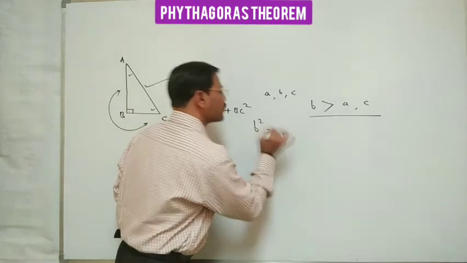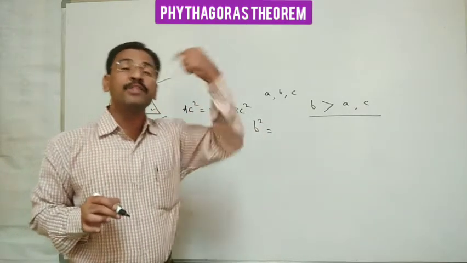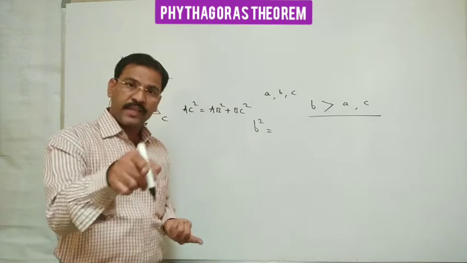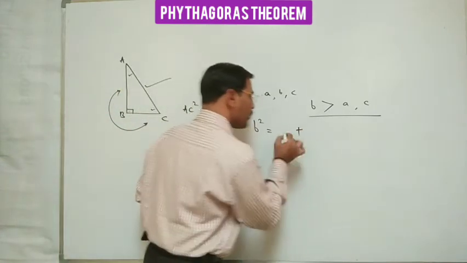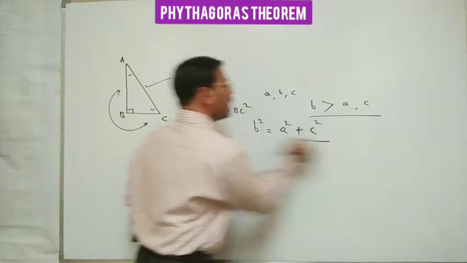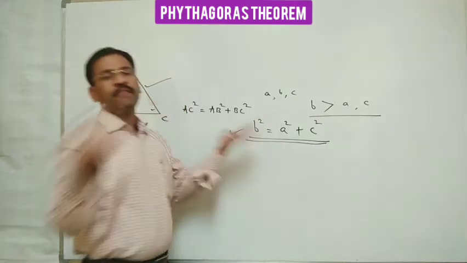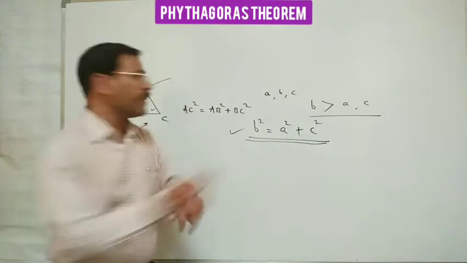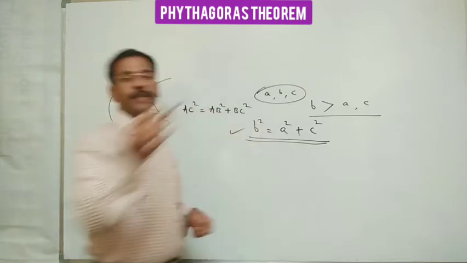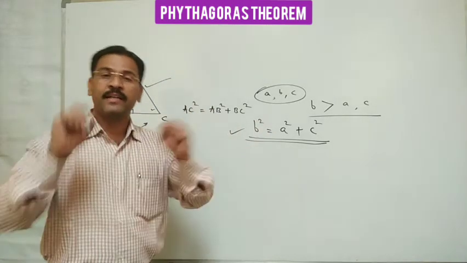B square, the square of the largest side, if it is equal to the sum of squares of the remaining two sides, then we can say the triangle having these three sides is a right angle triangle.